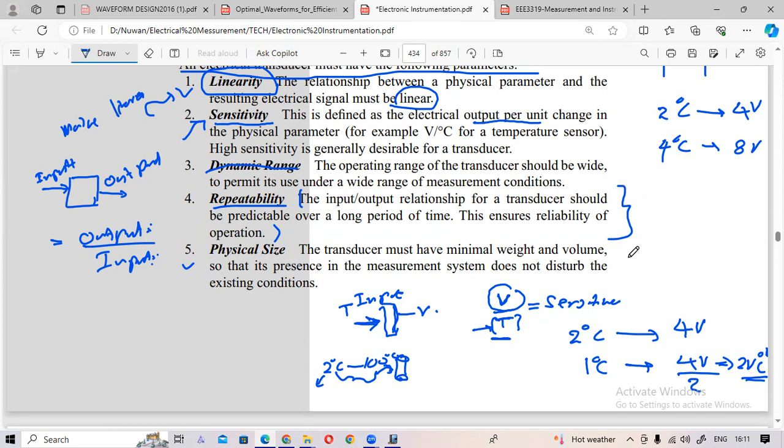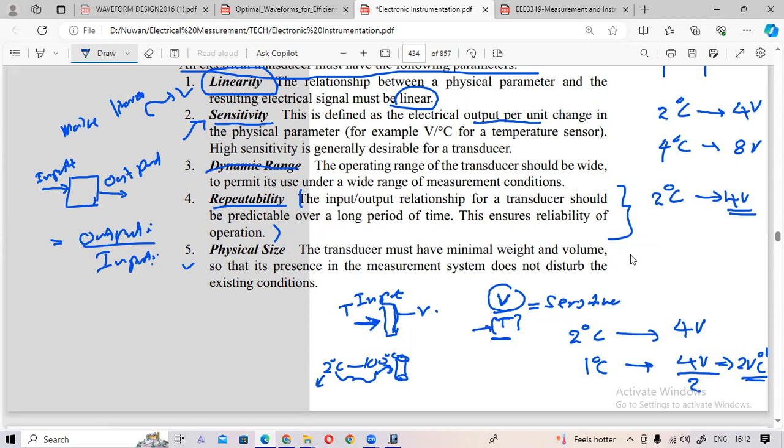If we know the details, for example, if we take the same one, for 2 Celsius the voltage is 4 volt. So if we are taking repeated values for 2 Celsius, it should be 4 volt, up to some time.